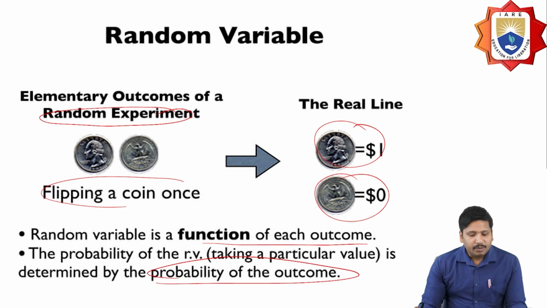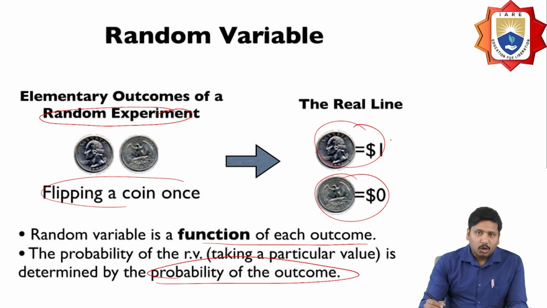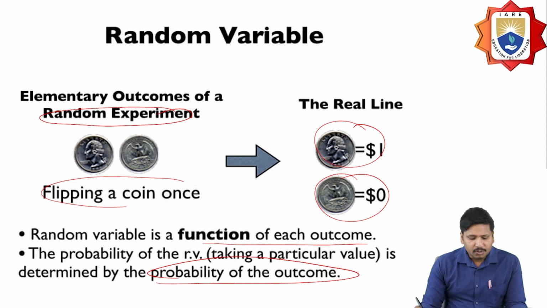So an elementary outcome of any random experiment will be treated as a random variable, and this random variable also acts as a function of each outcome. For example, tossing a coin, getting head or tail, or rolling a dice.